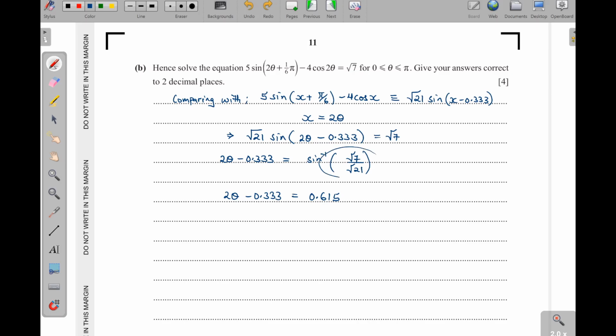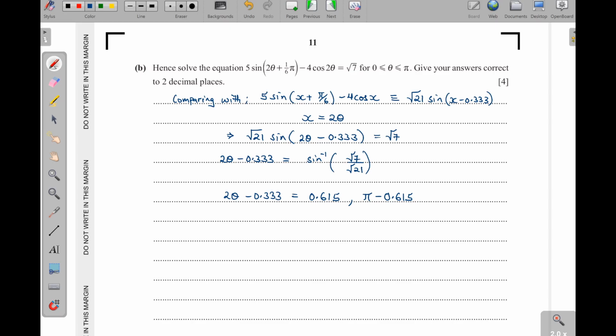Now, this one is a positive figure, and sine is positive in the first and second quadrant, not so? So I need to get the next answer in the second quadrant, right? Which is going to be pi, which is 180, then minus the acute angle. So 0.615. You see that?